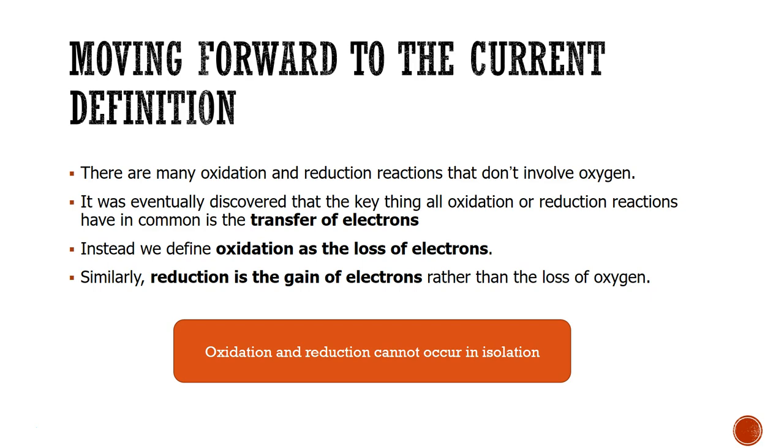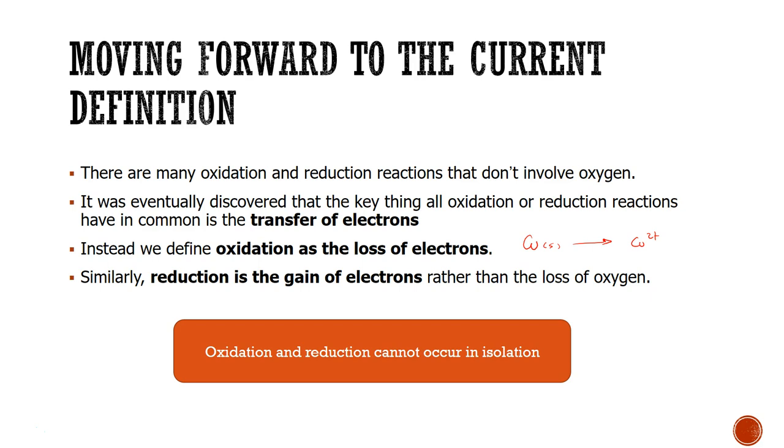When we do this, we define oxidation as the loss of electrons. So if we think about our copper going to copper oxide, when it does that, it goes from copper solid and it's forming a copper 2+ ion. So it's lost 2 electrons to form that ion. Similarly, reduction is the gain of electrons rather than the loss of oxygen.